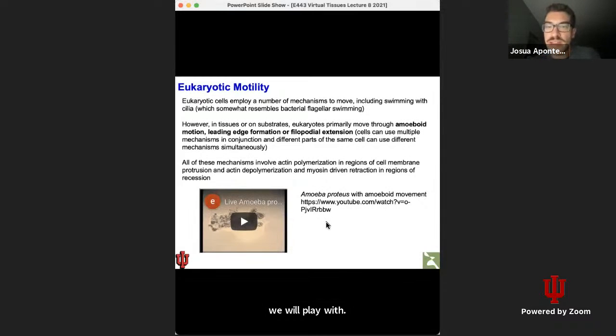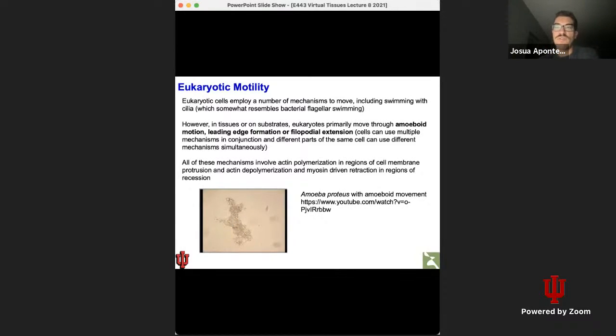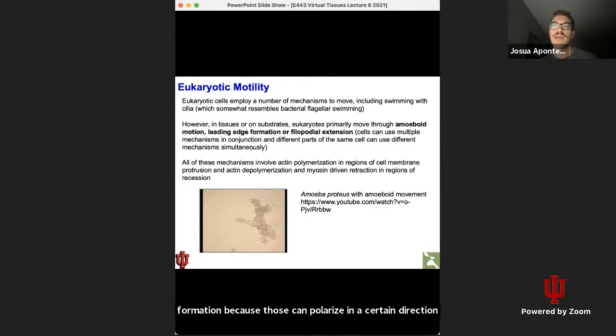Eukaryotic motility, as always, is more complicated, and it usually includes flagella and cilia, but also filopodial extensions and leading edge formation, because cells can polarize in a certain direction and change their polarization due to exposure to certain gradients, and they can polymerize and depolymerize their cytoskeleton to extend in certain directions.